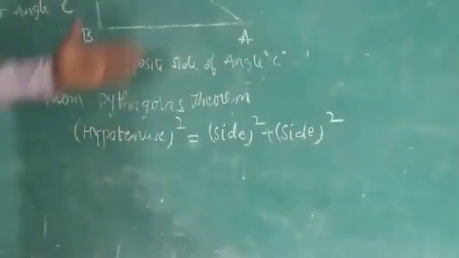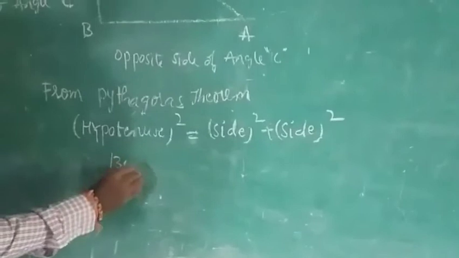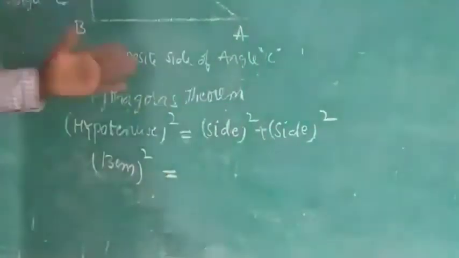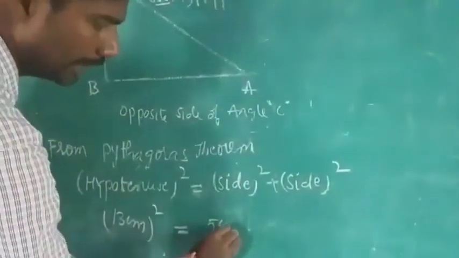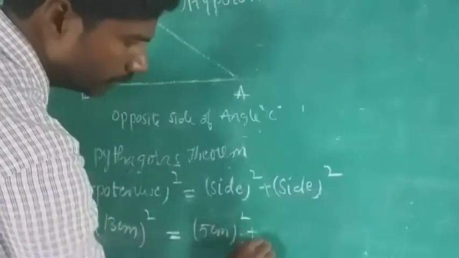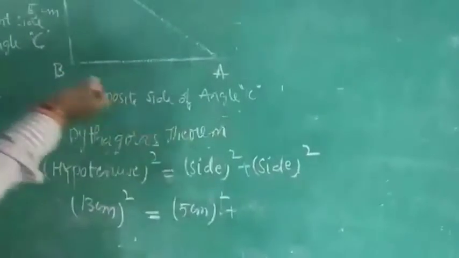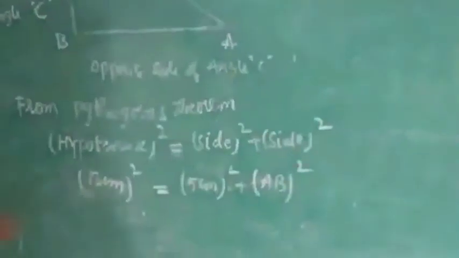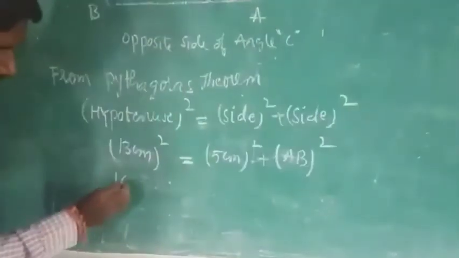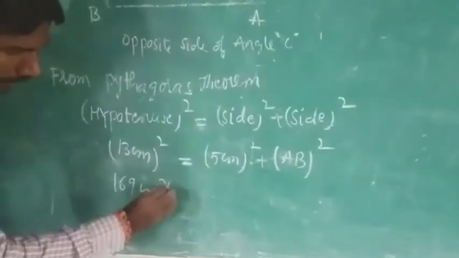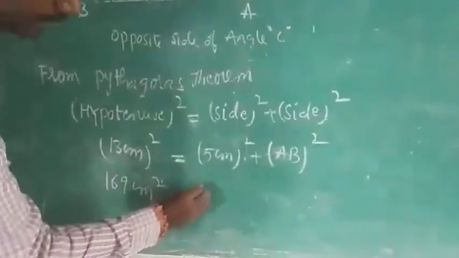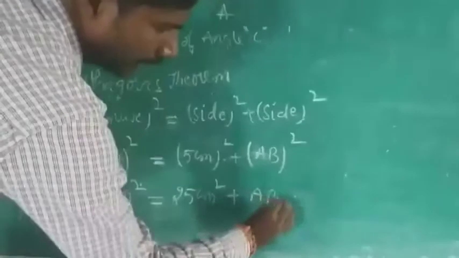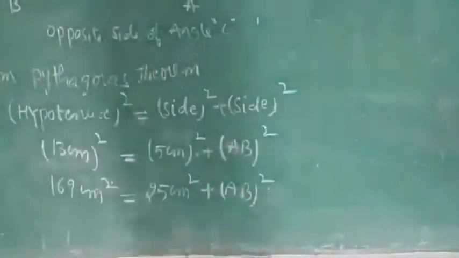What is the hypotenuse? 13 centimeter whole square is equal to one of the sides, any one. So 5 centimeter whole square. We don't know the other one, so we take it as AB whole square. 13 squared is 169 centimeter square is equal to 5 squared 25 centimeter square plus AB square.